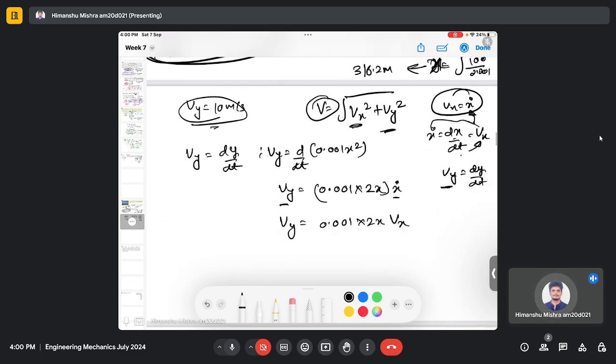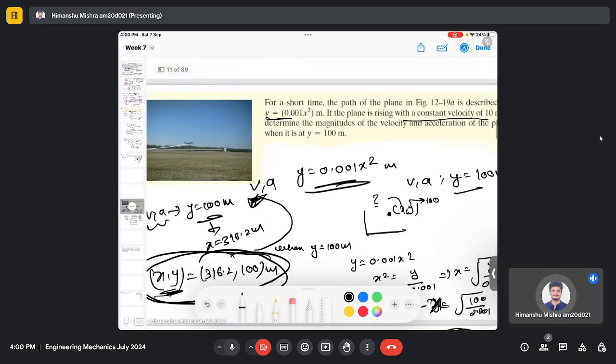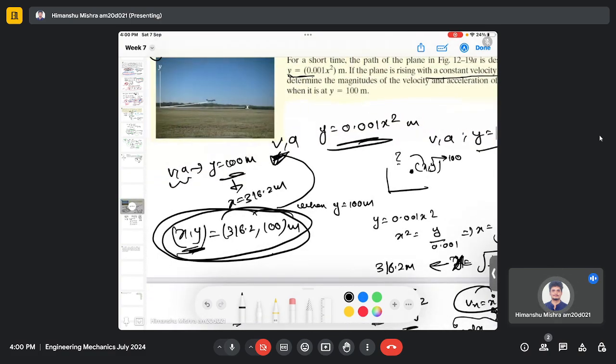We already know what is Vy. Vy is 10 and it's a constant, 0.001 2x Vx. And we need to find the acceleration and velocity at this position, where x is 316.2 and y is 100 meter.